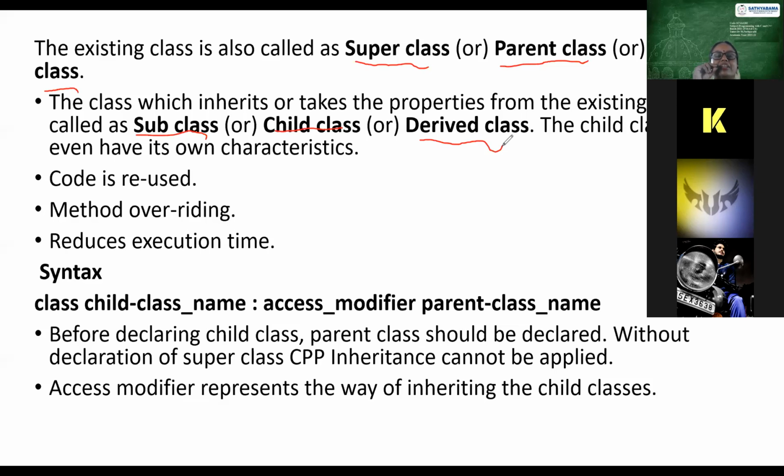These are its own characteristics. Code is reused, and method overriding reduces the execution time. These are the advantages of the child characteristics. Is it clear? Have you all noted down the names of the base class: parent class, super class, and the names of the derived class: derived class, child class, subclass?